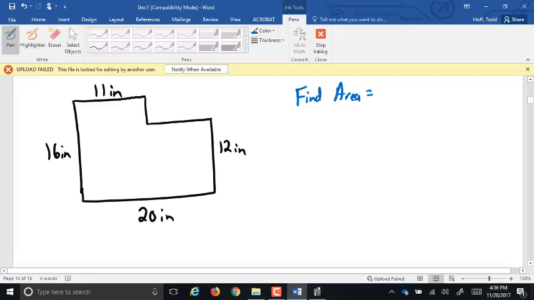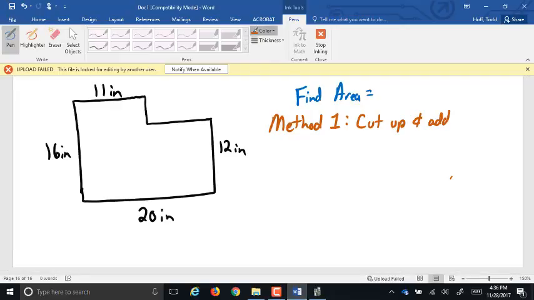Let's say I just want to find the area of this. There are two methods that I can use to find the area of a shape like this. Method one is to cut it up and add the pieces together.